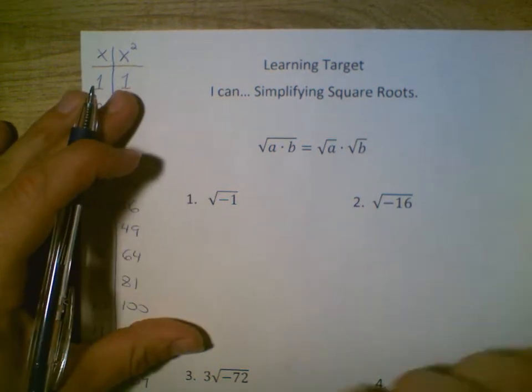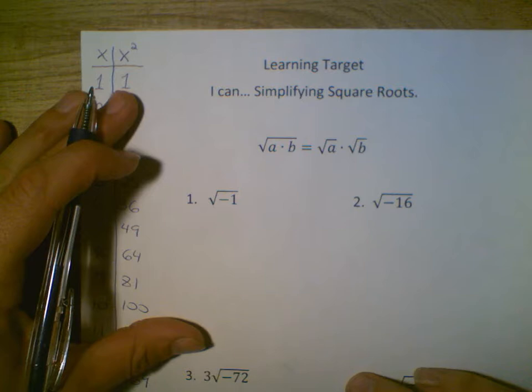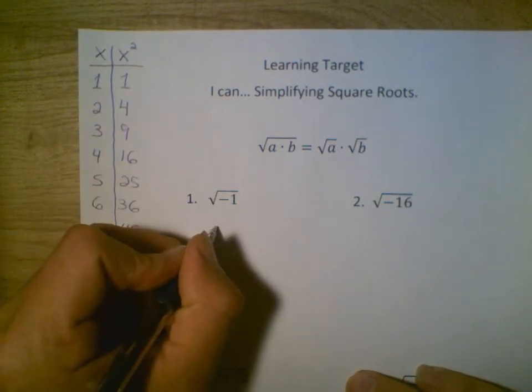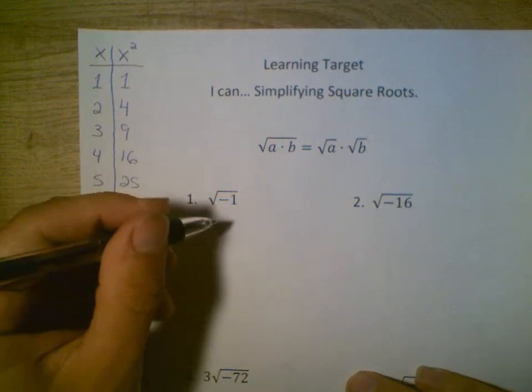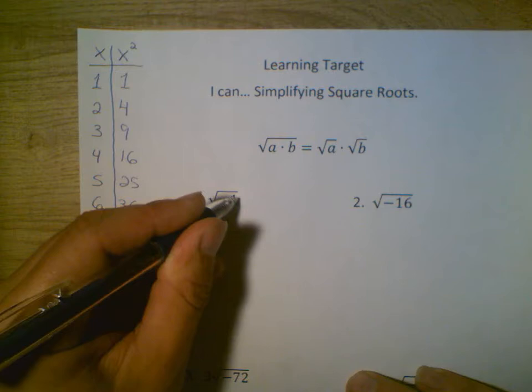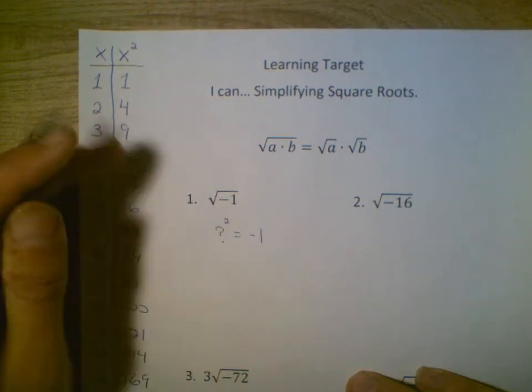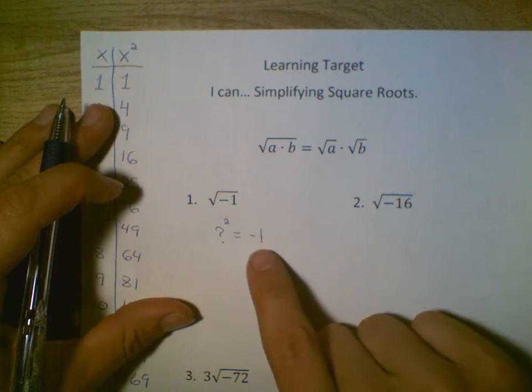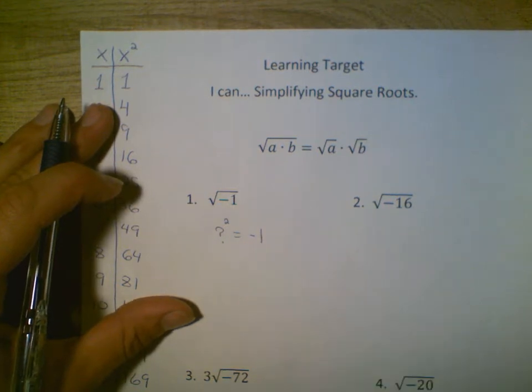Here I have the square root of -1. If you remember, a square root is really asking you for the number that, when you take that number and square it, gives you the number underneath the radical. So we're looking for a number that when we square it will give us -1.